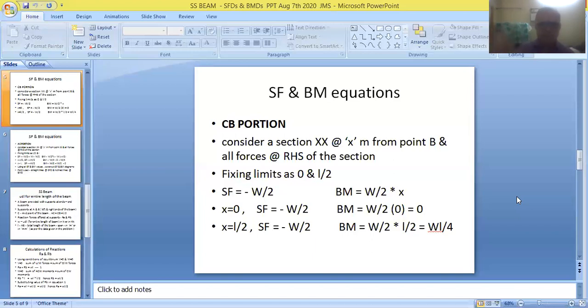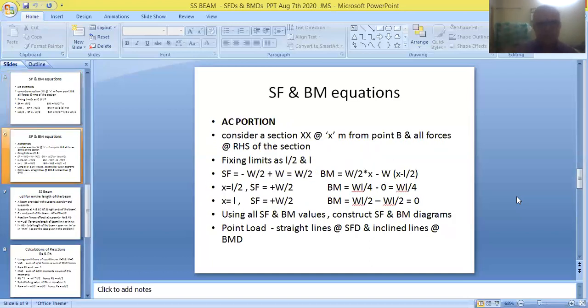So friends, this is the way of considering section, writing equations, and putting plus and minus symbols as per general rules, fixing the limits and making substitutions and getting the SF and BM values. So all these activities are to be done for each and every portion of the beam. So friends, these are the values so far as CB portion is concerned.